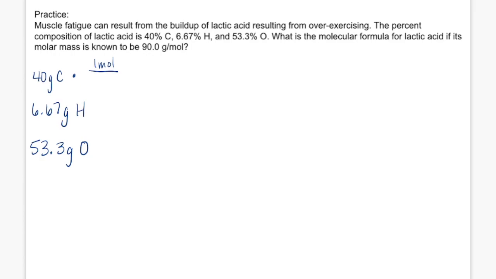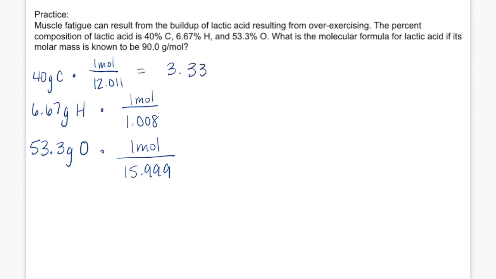For carbon, it's 12.011. For hydrogen, it's 1.008. And for oxygen, it's 15.999. When we divide, these are the answers that we get.